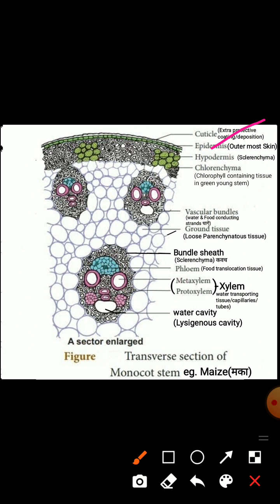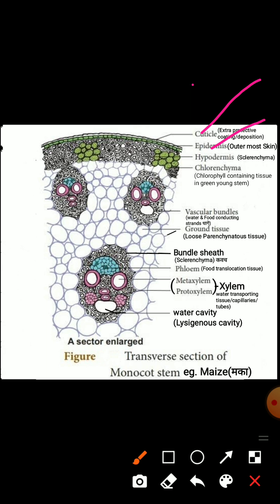And to perform this function of protection nicely, the epidermis is deposited with an extra coating called cuticle, which helps the epidermis perform the function of protection nicely. So the outermost protective skin of the stem is called epidermis.